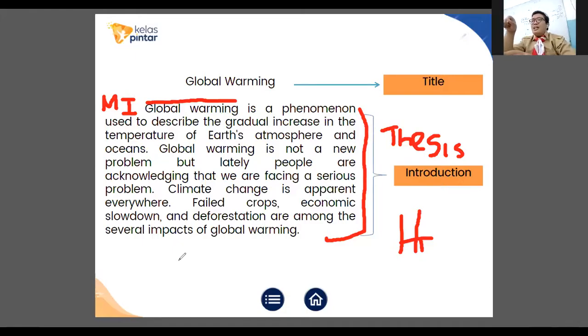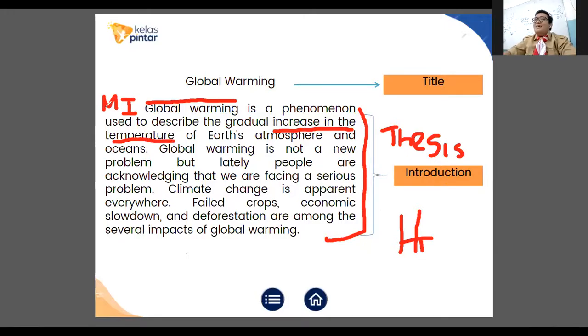Concern dia adalah tentang global warming. His concern is about global warming. Dia mulai menjelaskan, oh, global warming itu adalah blah blah blah, a phenomenon used to describe the gradual increase in the temperature.